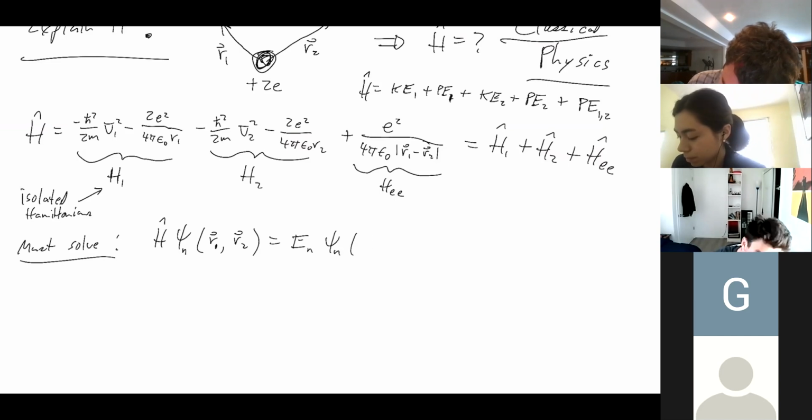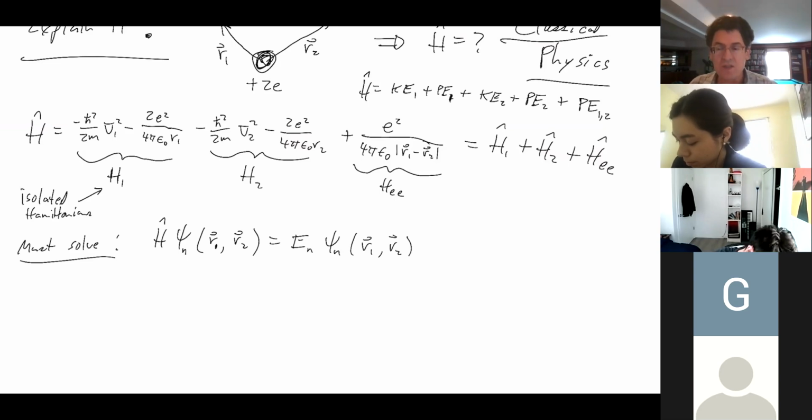If you solve this equation, it will give you the ground state. The ground state is just going to be n equals 1.